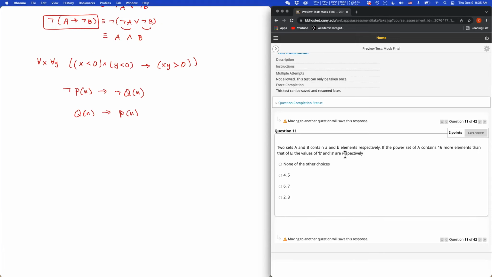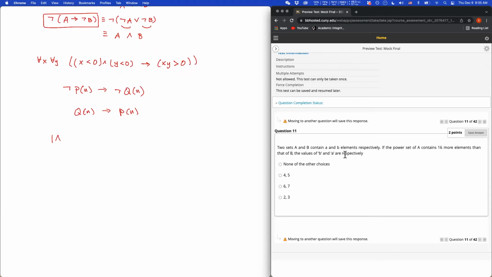So we have two sets. Set A has a elements. Set B has b elements. And you know the power set of A contains 16 more elements than B. So the number of elements in the power set of A equals the number in the power set of B plus 16.